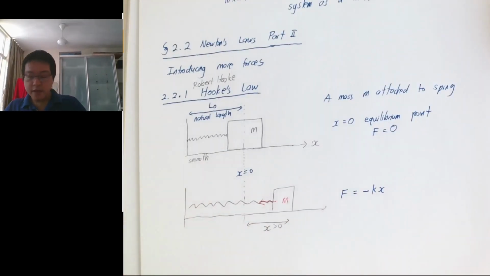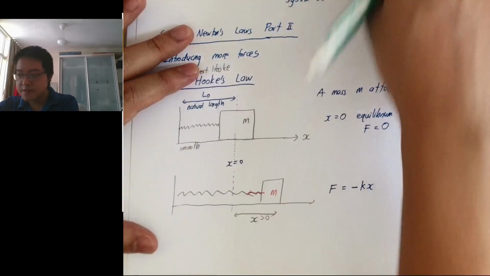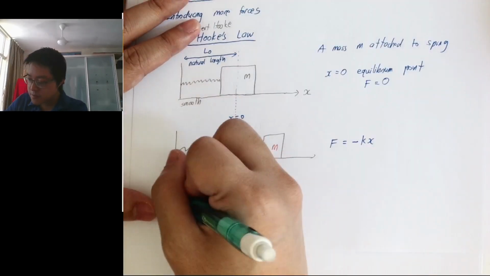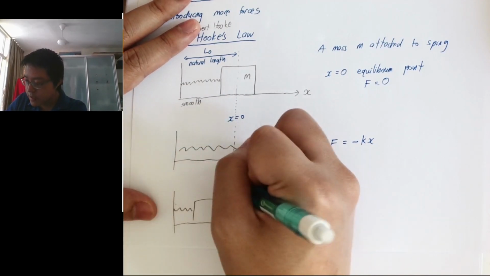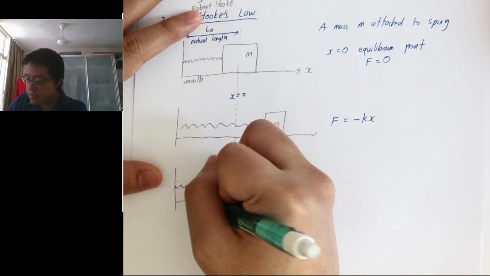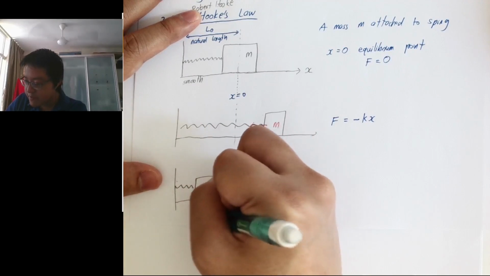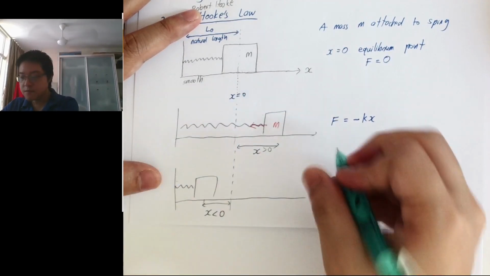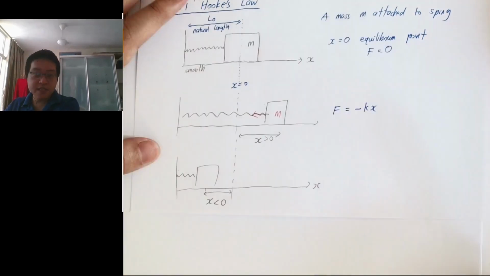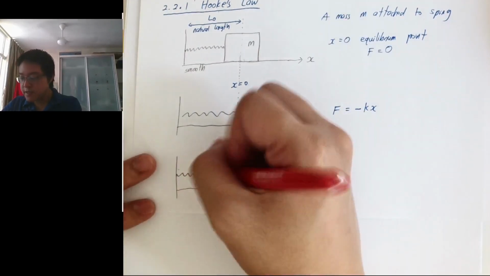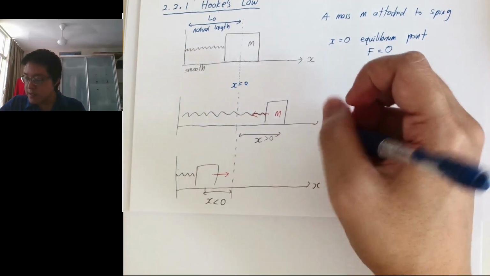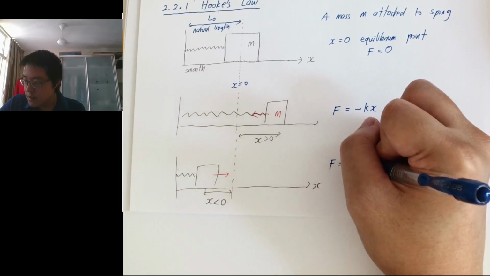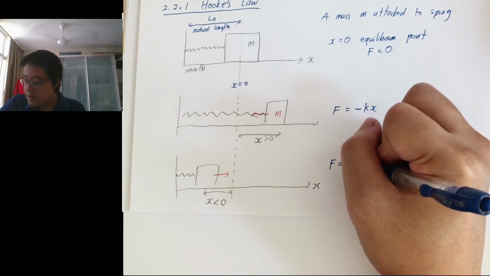But on the other hand, if I squeeze the spring in the other direction, my equilibrium point is here, so this location is a negative x, and this is the origin of x. Then it will experience a force pushing it in the positive direction, and in this case the force is a positive number.